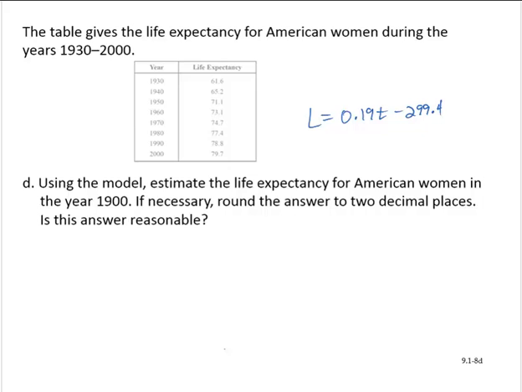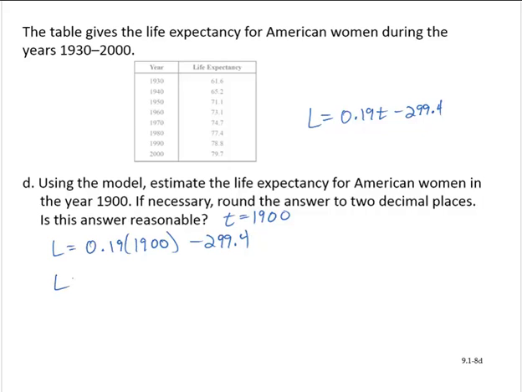Using the model, estimate the life expectancy for American women in the year 1900. If necessary, round the answer to 2 decimal places. And is this answer reasonable? So we'll let t equal 1900. Then the life expectancy would be 0.19 times 1900 minus 299.4.